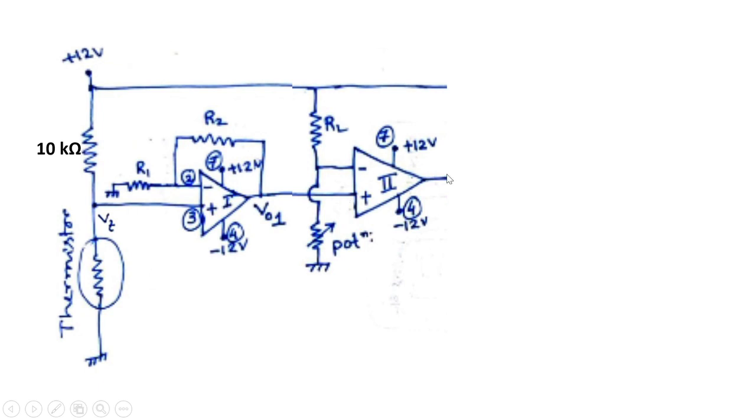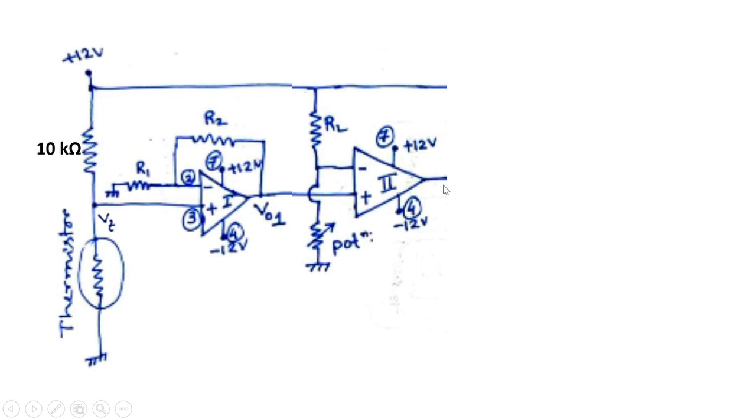If the voltage at this point is higher than the voltage at the plus terminal, then it will reach the negative saturation. If this voltage is lower than the potential at the plus terminal, then the op amp will reach the positive saturation.